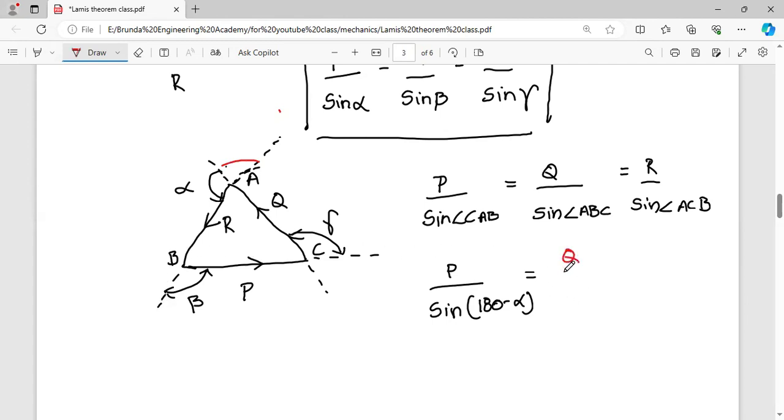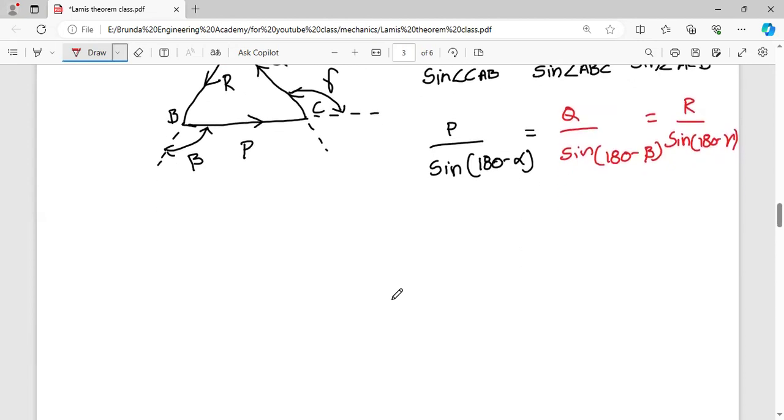So Q by sine of angle ABC, that is sine 180 minus beta. Similarly, R by sine 180 minus gamma.